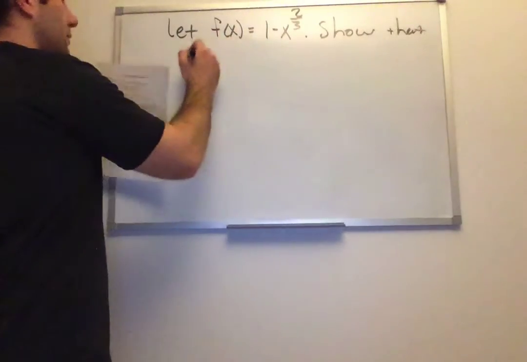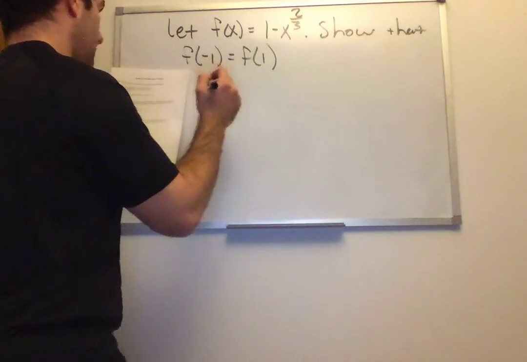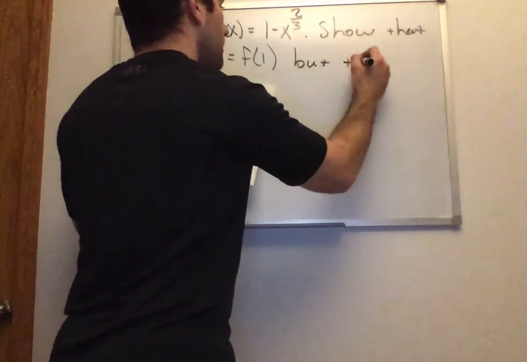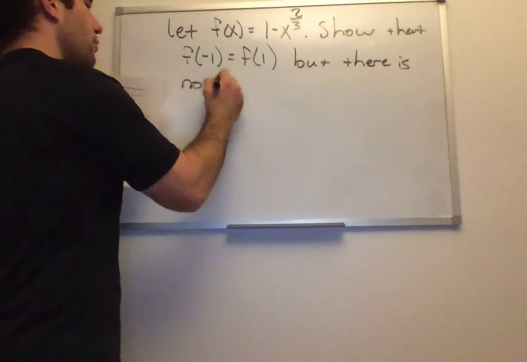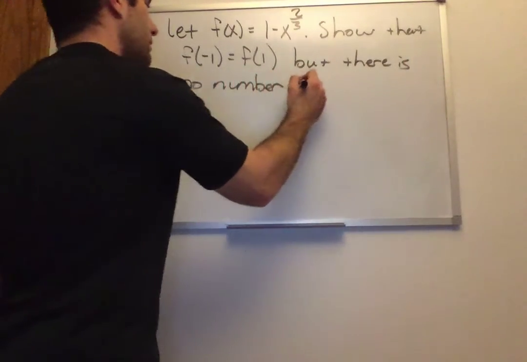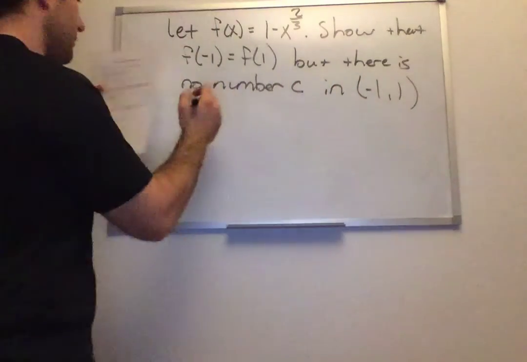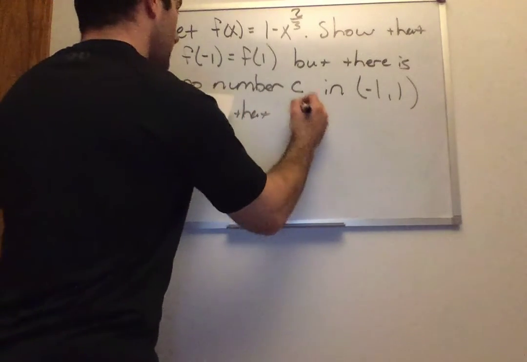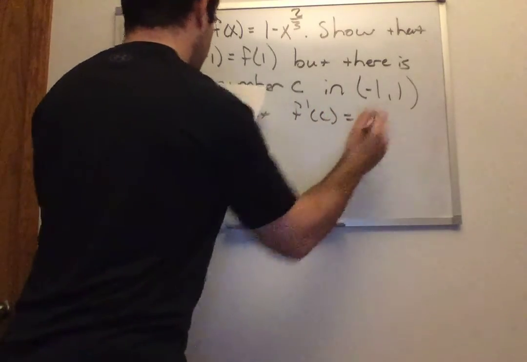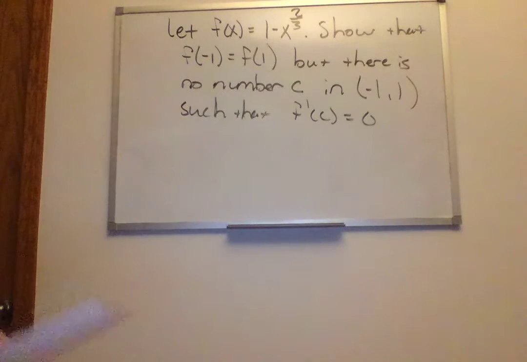Show that f of negative 1 is equal to f of 1, but there is no number c in the open interval negative 1 to 1 such that f prime of c is equal to 0. And then they ask a question, why does this not contradict Rolle's theorem?